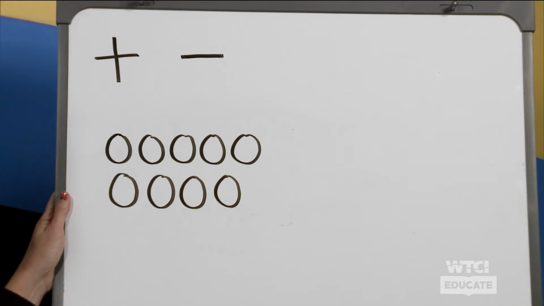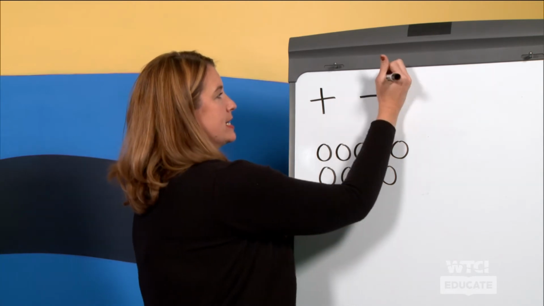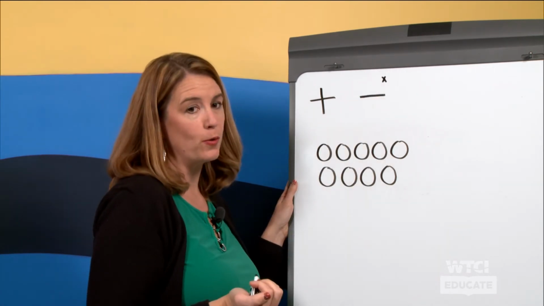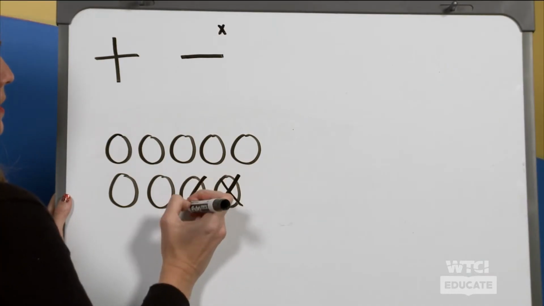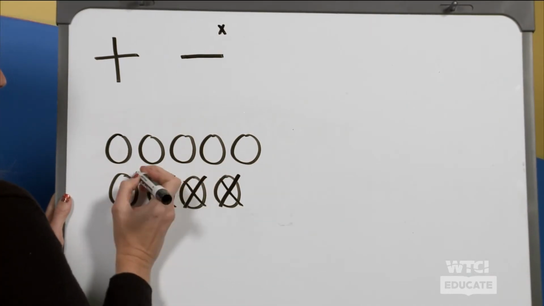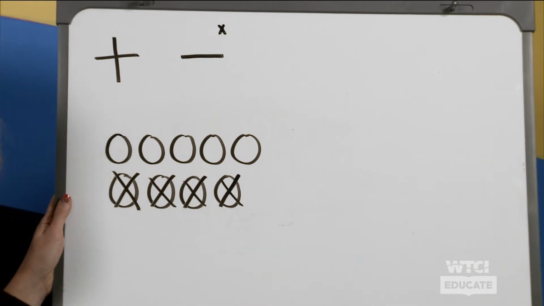My sister took 4. So do I need to draw 4 more or put an X on 4? You're right, it's subtraction. So I'm going to put an X on 4 to show those 4 have gone away. 1, 2, 3, 4.